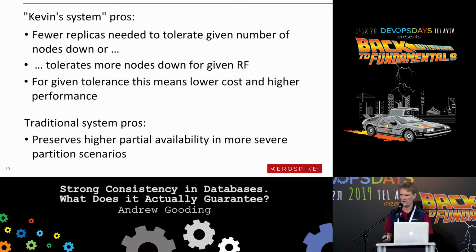So for example, if your cluster was a bunch of planes flying around, and you expect the connectivity to be all over the map, then maybe you don't want to use Kevin's system. But maybe if it's a rack in a room where 99.99% of the time the connections are pretty good, then maybe the pros of Kevin's system start to look pretty appealing.